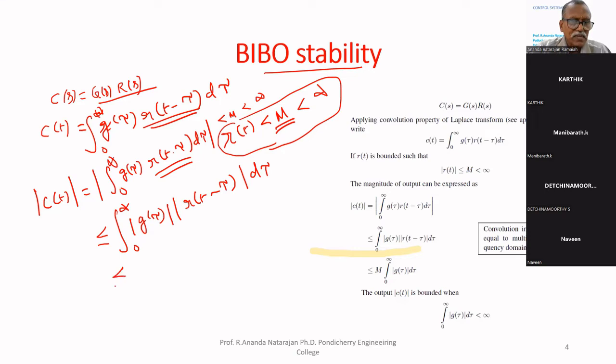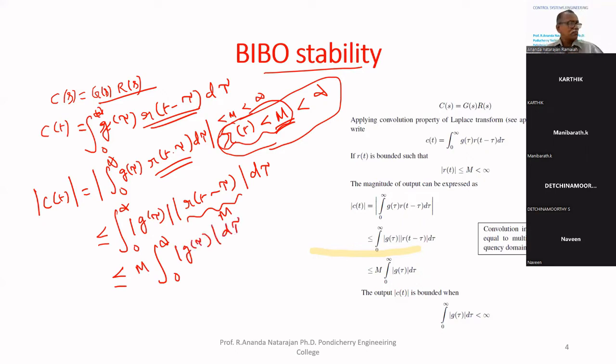Or we can say less than or equal to, this can be replaced by M, because R of T is less than M. So it can be replaced by M. Therefore, M times the integral from 0 to infinity of modulus of G of tau d tau. You can say like that.